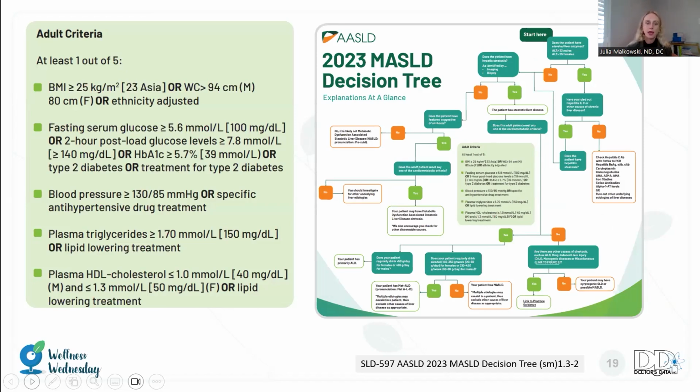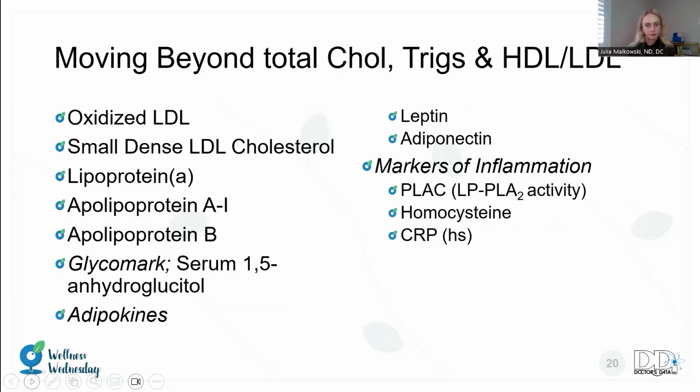This is a BMI criteria, a fasting serum glucose criteria, hypertension or currently on an antihypertensive medication, elevated plasma triglycerides or on a lipid lowering treatment. So if your patient's on a statin, they already have one of those. So you need simply one out of the 5 criteria. And then low plasma HDL. So this is something to be aware of in your patients and consider the metabolic function of their liver.